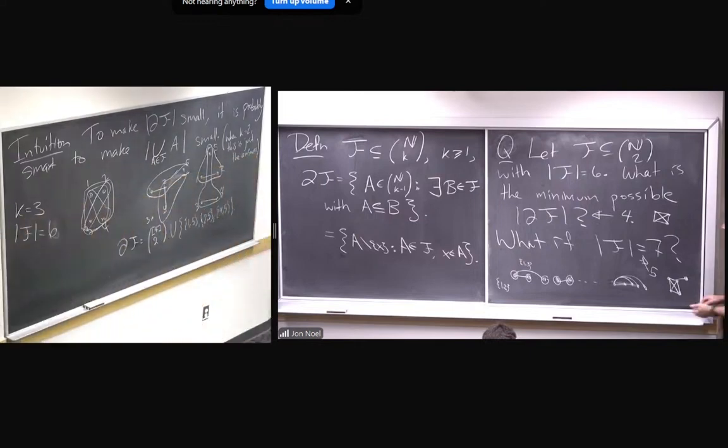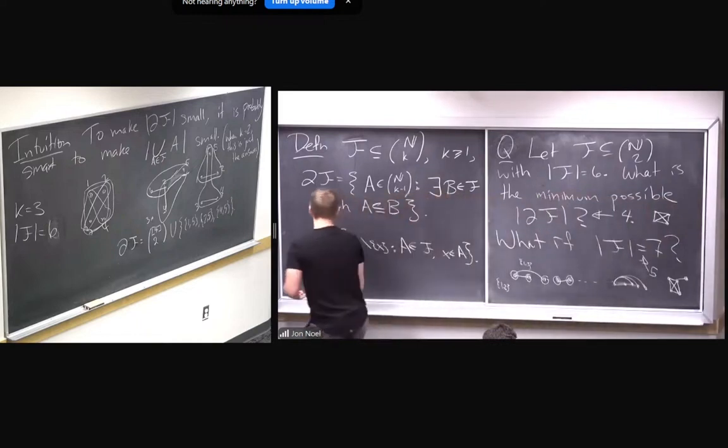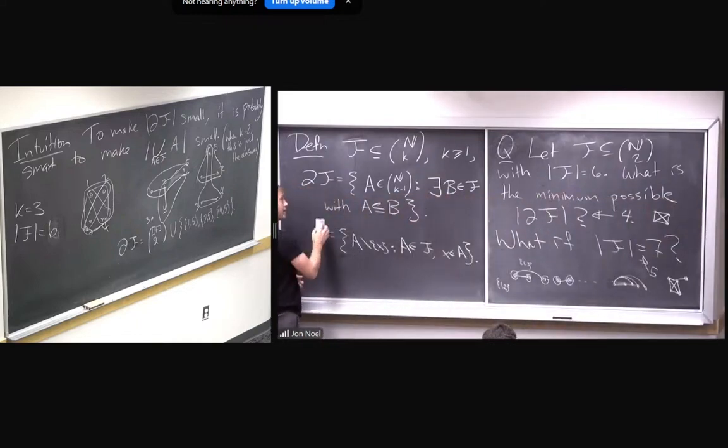Okay, so it turns out the best strategy is to take your sets basically according to a certain linear order on n choose k. Where basically this linear order does exactly the strategy we were talking about.